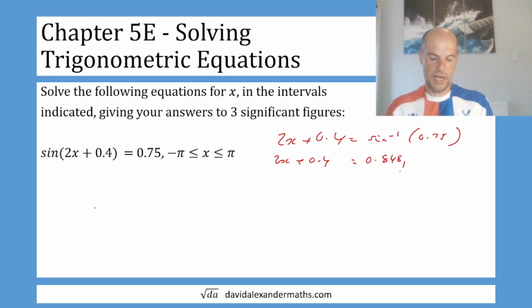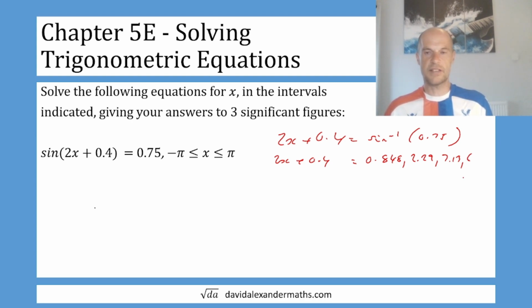The next one is pi minus that, which is 2.29. The next one is 0.848 plus 2 pi, which is 7.13. And the next one is 2.29 plus 2 pi, which is 6.57.